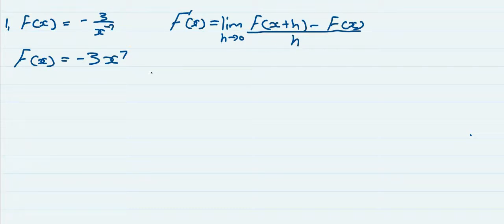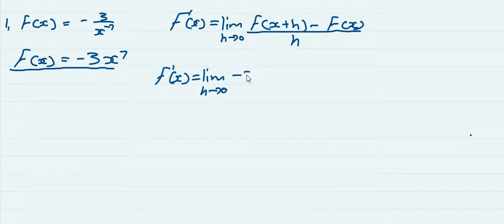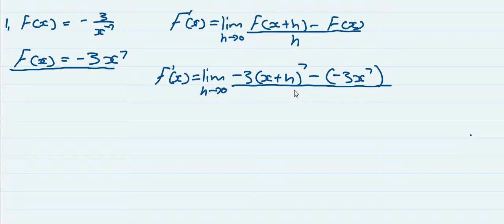Substituting f of x, f prime equals the limit as h approaches 0 of minus 3 into x plus h to the power 7, minus minus 3 into x to the power 7, all divided by h.